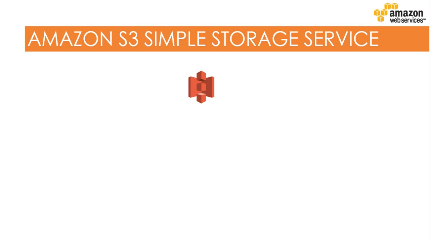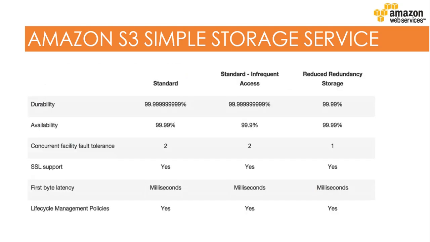So what is S3? S3 is a Simple Storage Service. It provides durability, availability, concurrent fault tolerance, SSL support, first byte latency, and lifecycle management policy. For AWS S3 we have three categories we can choose from: Standard, Infrequent Access, and Reduced Redundancy Storage.